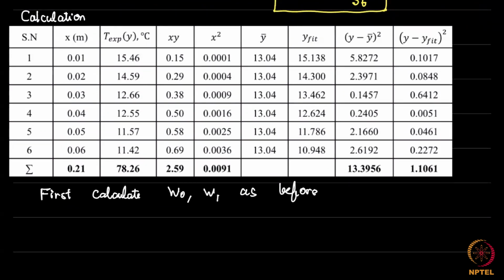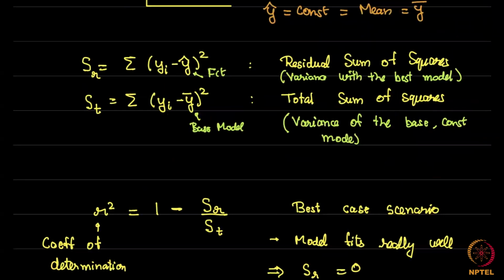So if you recall from the previous video, we first cataloged X. This is summation of X. Then we cataloged y, summation of y. We also needed xy and x square. Okay, so these quantities were needed in order to calculate W0 and W1, and that's what we did right at the beginning.